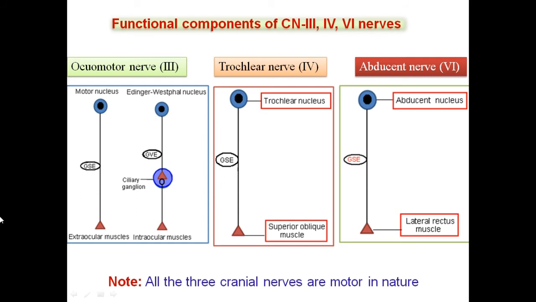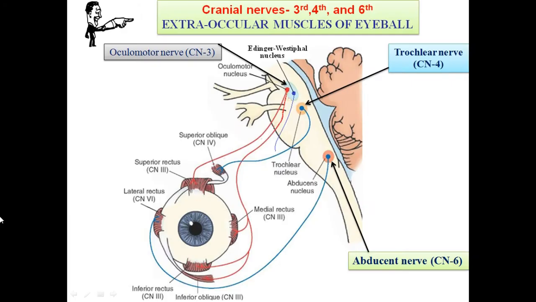You can see once again the extraocular muscles of the eyeball, and the three cranial nerves supplying them. The oculomotor nerve consists of two nuclei, the oculomotor nucleus and the Edinger-Westphal nucleus, which supplies the intraocular muscles, whereas the oculomotor nucleus divides into a superior division and an inferior division, which supply all the extraocular muscles except superior oblique and lateral rectus.